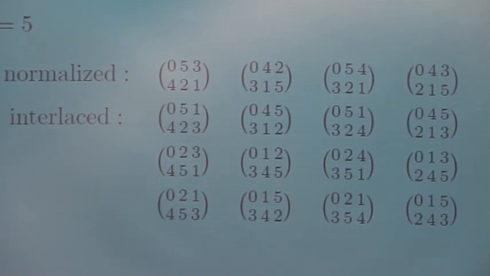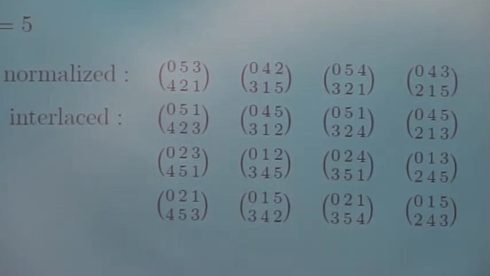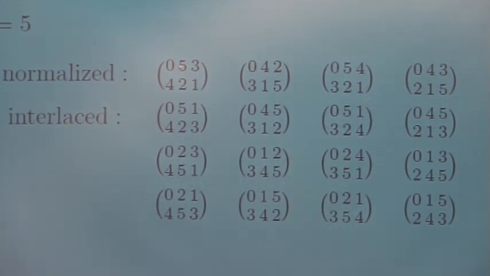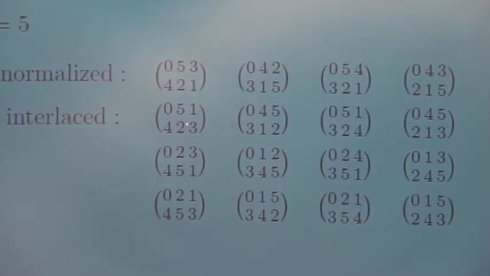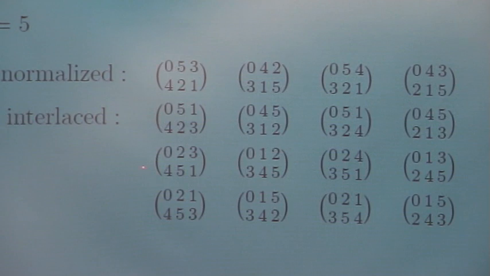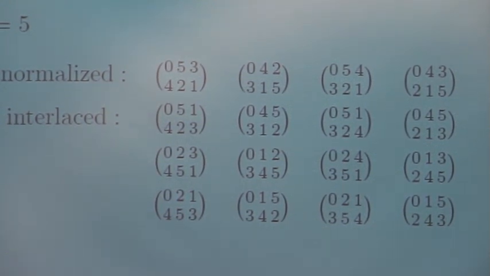These were written in this tableau because, look at this one: here we have flipped the second column, here we have flipped the third column, and here we have flipped number 3, number 2, number 3.